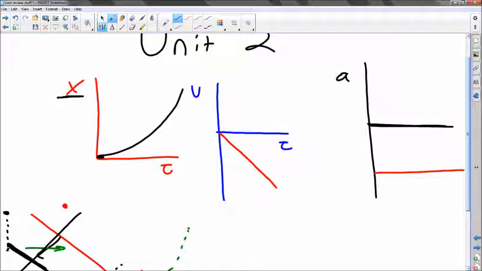So if we started from this point right here, it's still starting with a flat line, but it has to increase in the negative direction. So the slope has to get steeper and steeper, but towards the negative end. So this right here is an object that is speeding up in the positive direction. This one is speeding up in the negative direction.